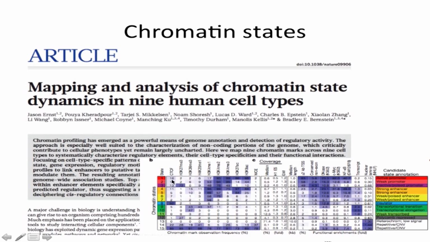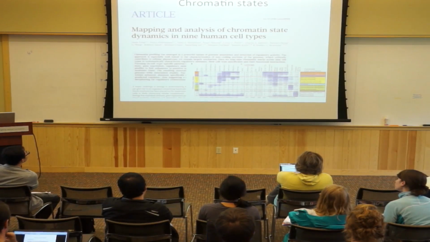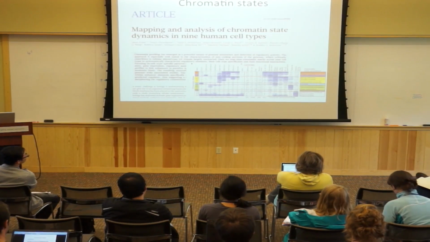They found regions that they defined in multiple ways, for example active promoters that have K4 dimethylation, K4 trimethylation, and K27 acetylation, in multiple classes of regions that can be classified by looking at the histone modifications. And that's using an HMM model to define those regions.